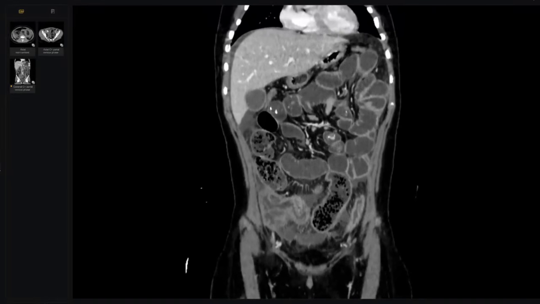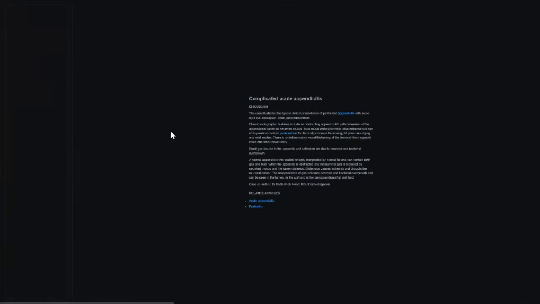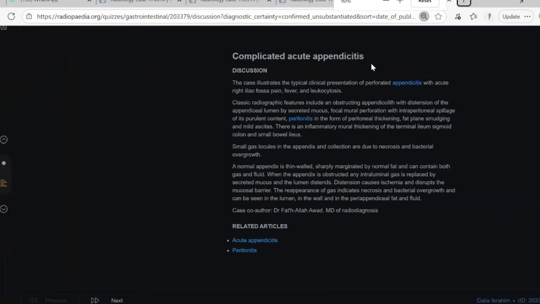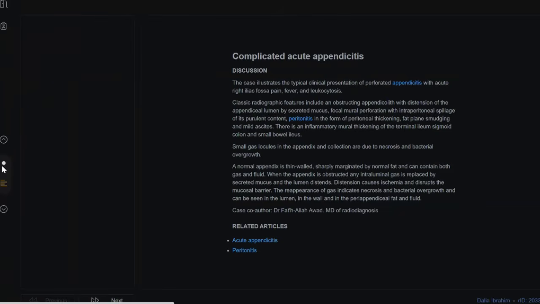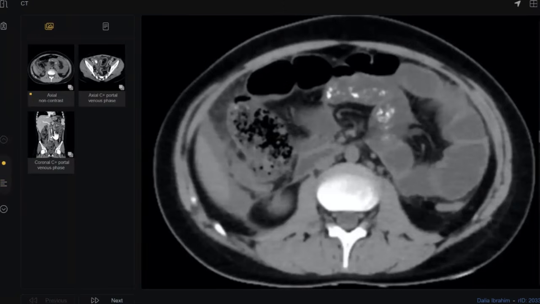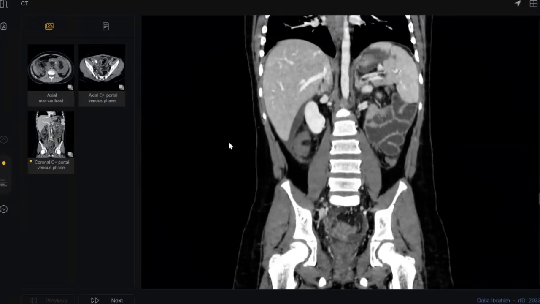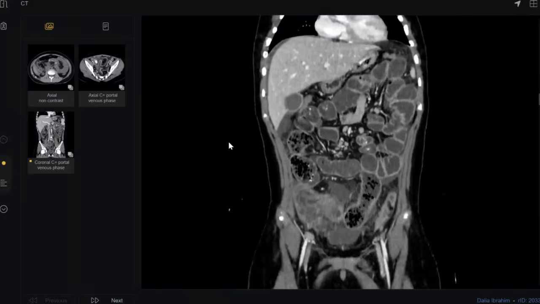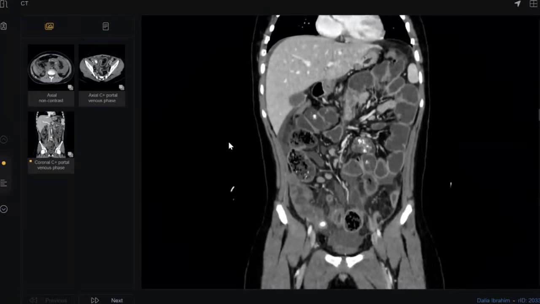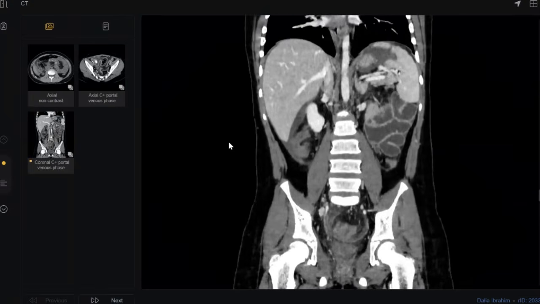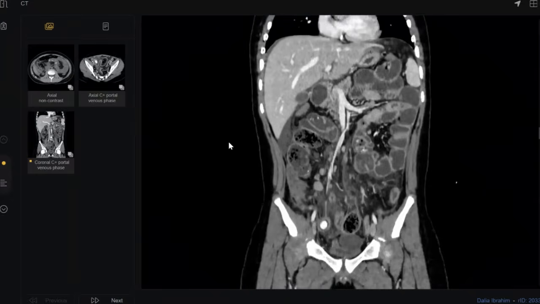So what is the diagnosis here? Perforated acute appendicitis, complicated with terminal ileitis, and this terminal ileitis results in IO. Okay, my colleagues, for surgical urgent appendectomy.